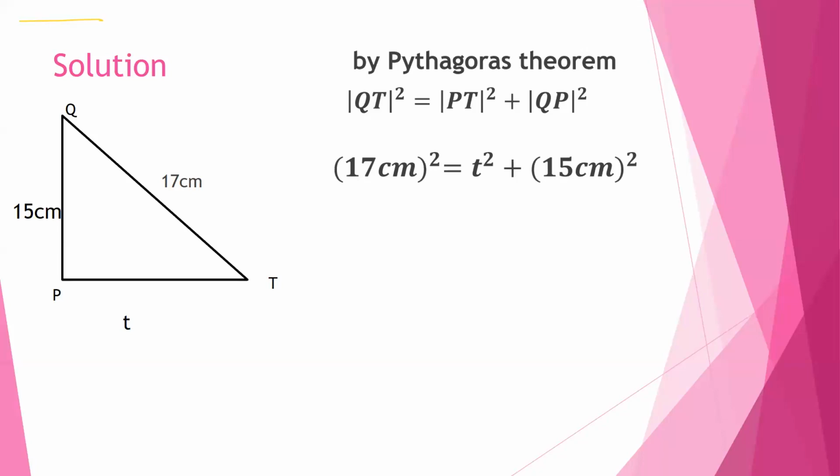So that means that 17 centimeters squared should be equal to T squared plus 15 centimeters squared, right? So here you realize that I'm looking for T. I have to make T squared the subject. So I simply moved my 15 centimeters squared to this side. And so I still have 17 centimeters squared minus 15 centimeters all squared. You get it?